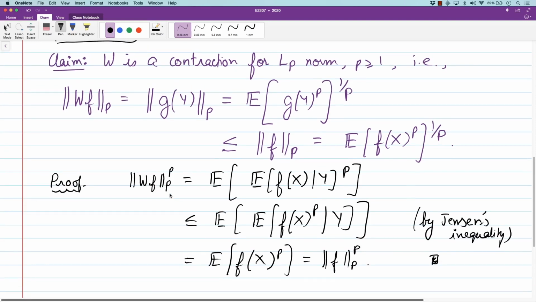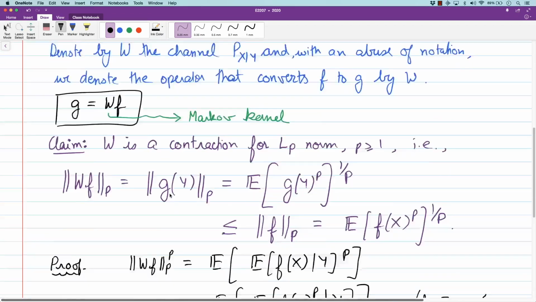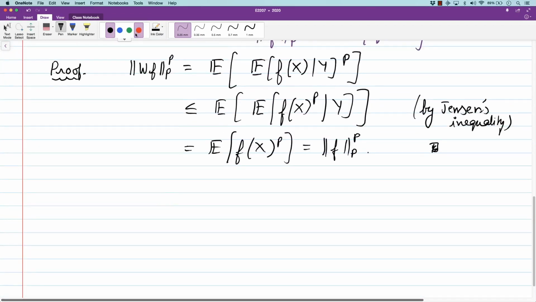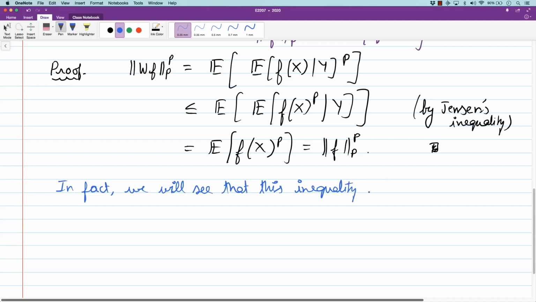And what we will show is that this inequality can be strengthened for many distributions P_XY.